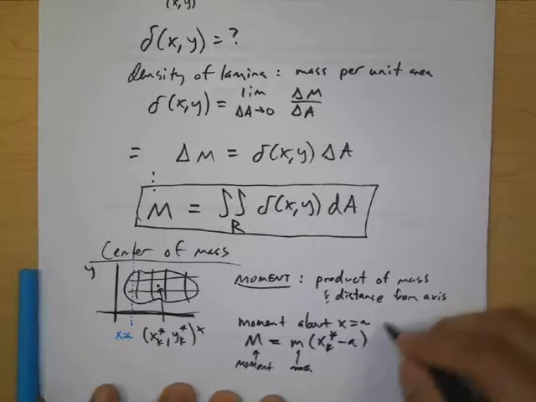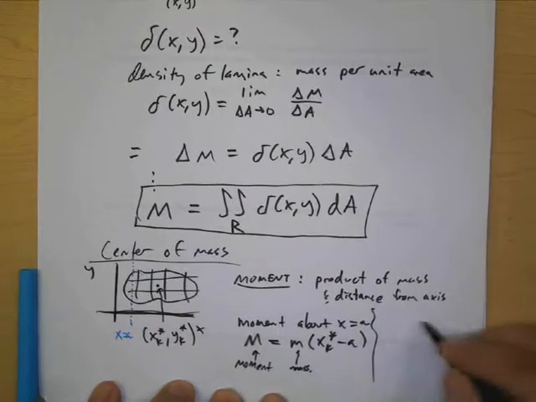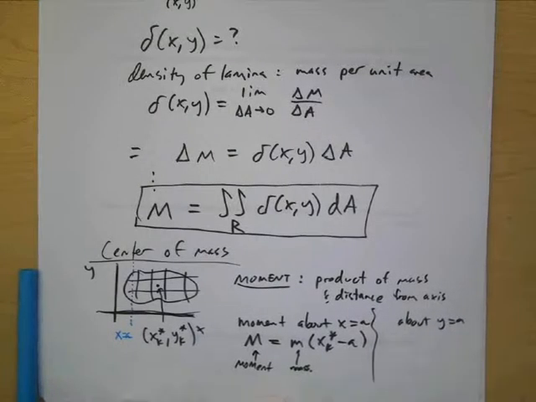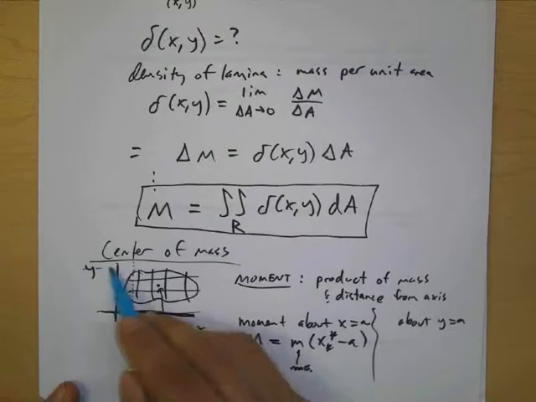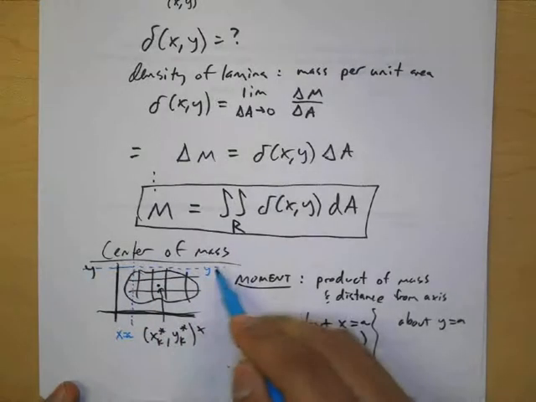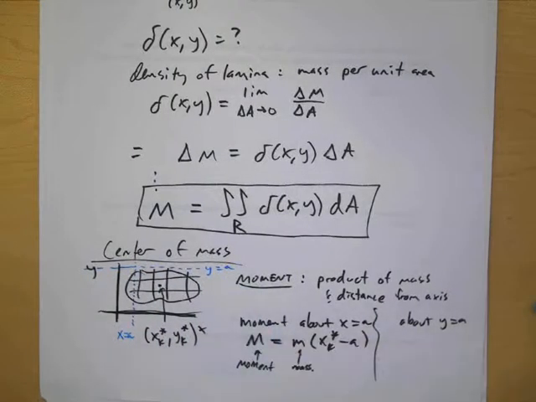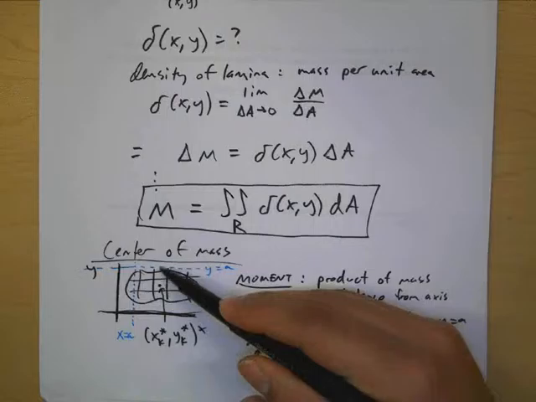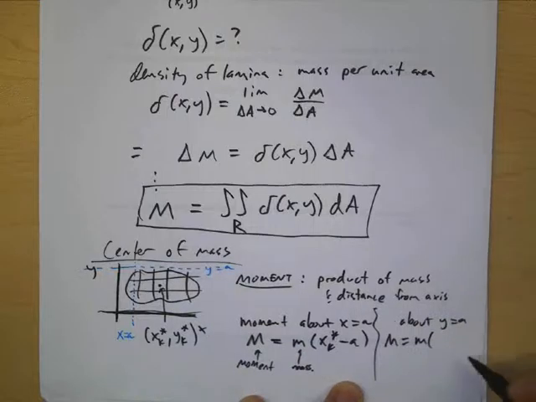Now, we can apply the same thing if we go about a different line, say y equals a. And then we would have mass times distance from this point to the axis, which would be a minus y sub k star.